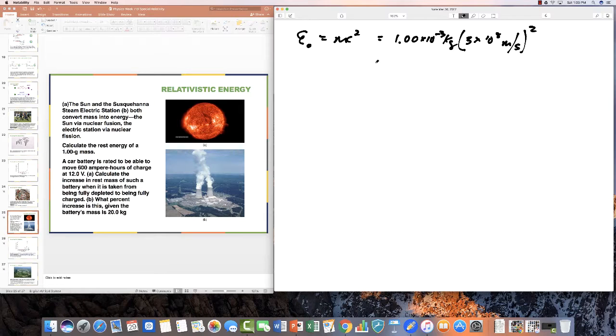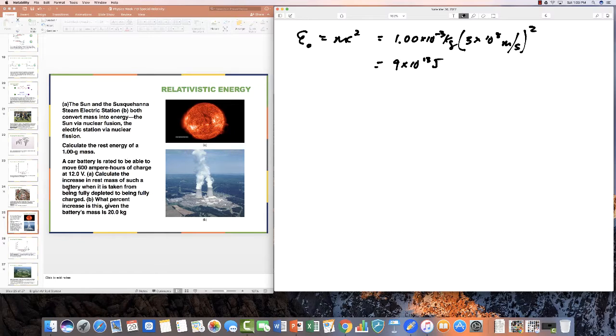Now what this shows you is the enormous energy that a very small amount of material has, in this case, 9 times 10 to the 13 joules, kilogram meter squared per second squared.